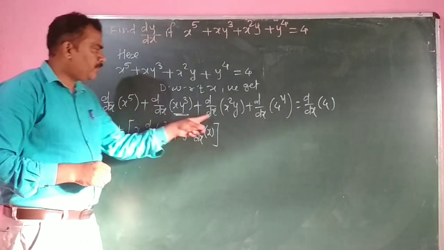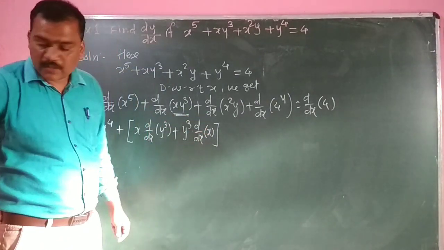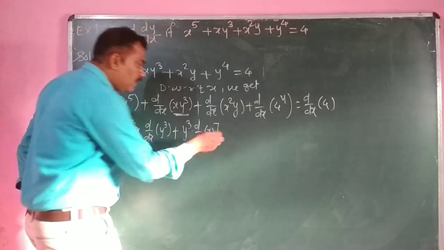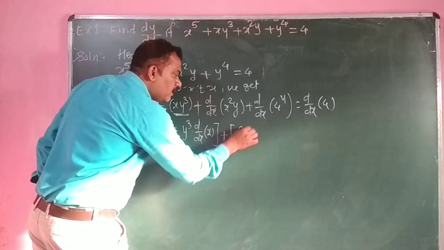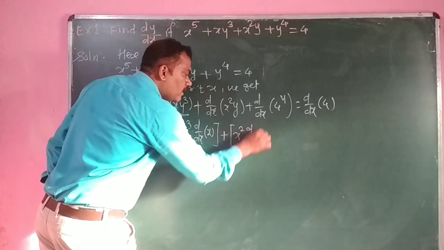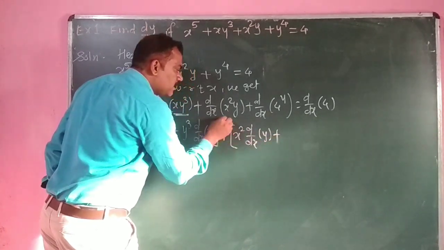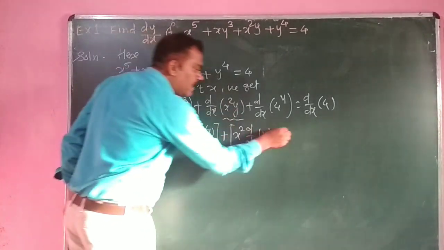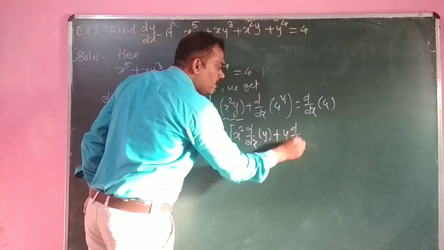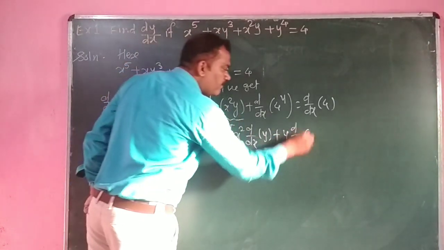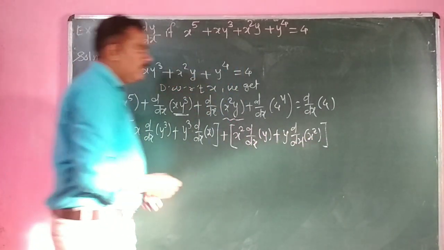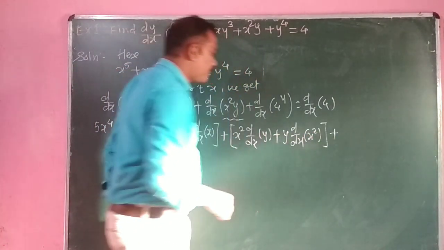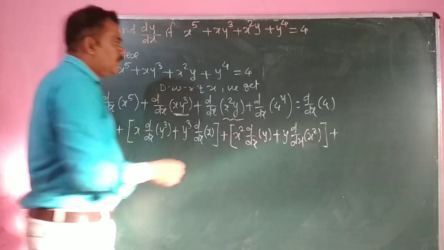Now we have to apply the product rule for this variable, so that plus first function as it is x square d dx of y plus second function as it is d dx of first function, that is d dx of x square, by using the product rule plus here what?